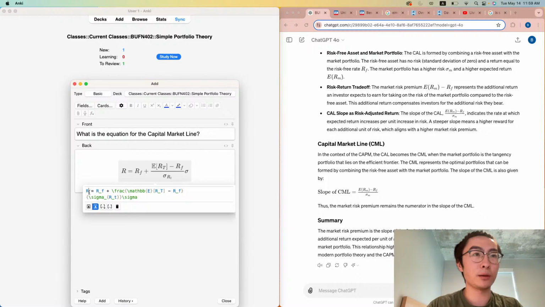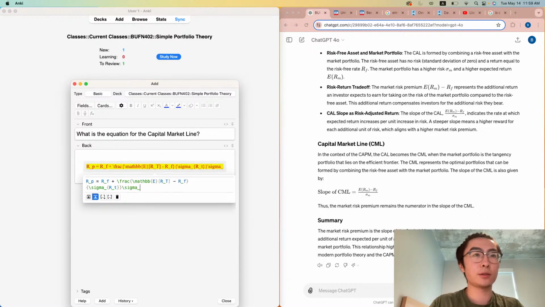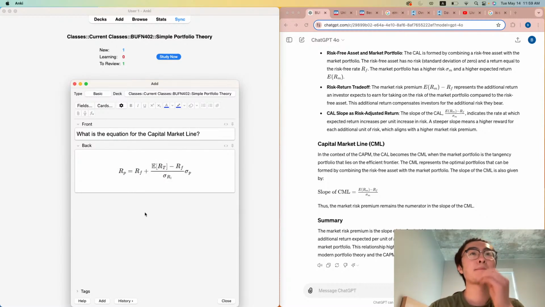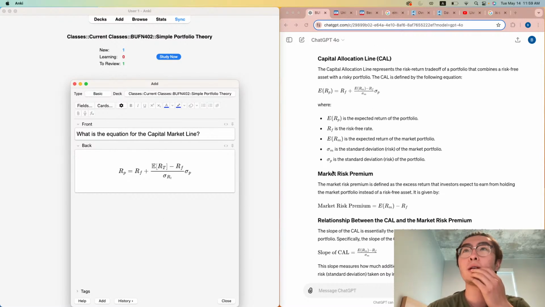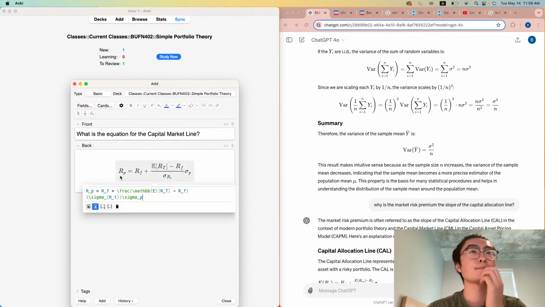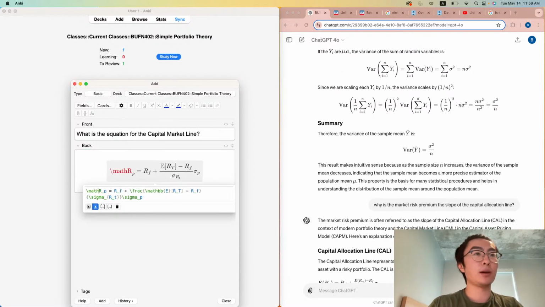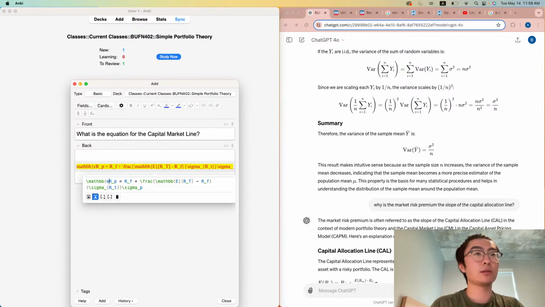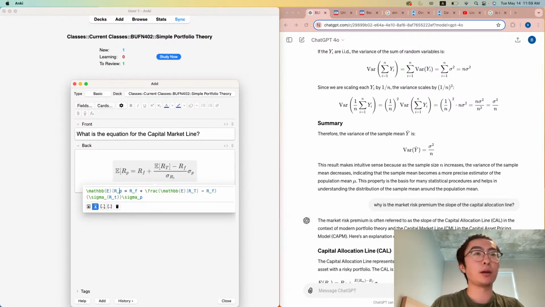I'll call this RP, sigma RP. I think these two sigmas are different. One is for the portfolio, one is for the market. So I guess that is one big thing.